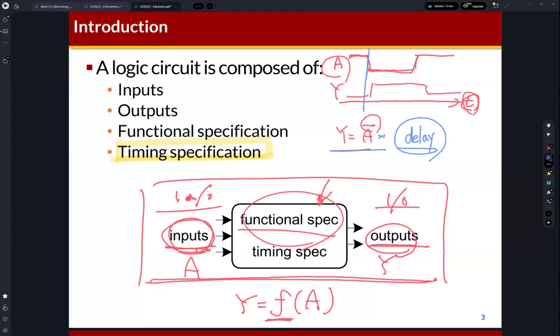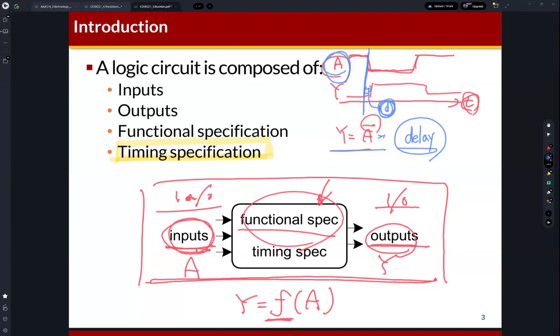When the input value is changed at this point, after some delay, t, the output value is changed by the input value.